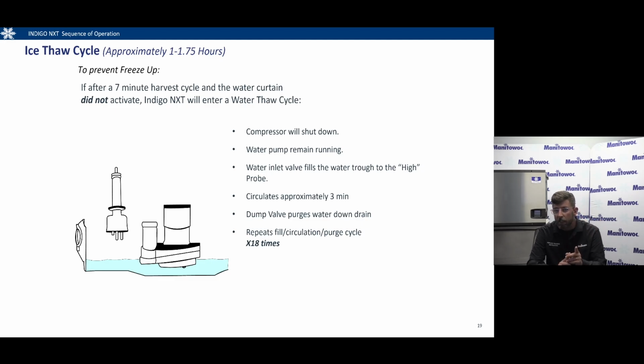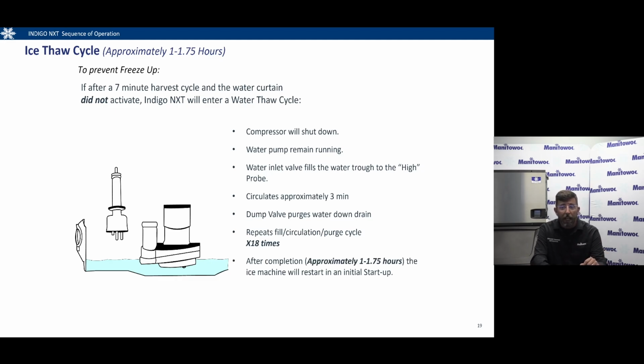Where the confusion comes in, the home screen does not tell you what part of the sequence of operations you're in. The only thing that the ice machine home screen will tell you is making ice, program mode, or off. So it'll say making ice. That's why it's so important to know that you can utilize this screen that's not lit up behind me to navigate into your service menu and see what part of the sequence of operations you're actually in.